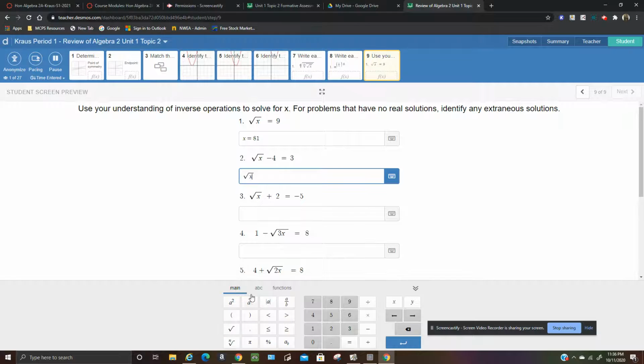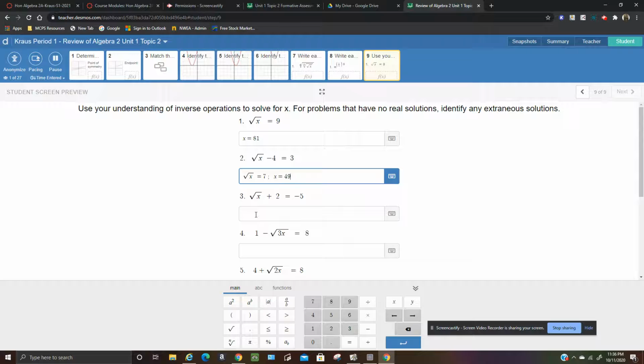So square root of x equals 7, and square both sides. I'll just put a semicolon here for the steps, because I can't really type on the next line. So x is 49.